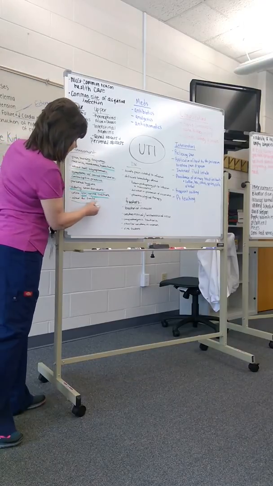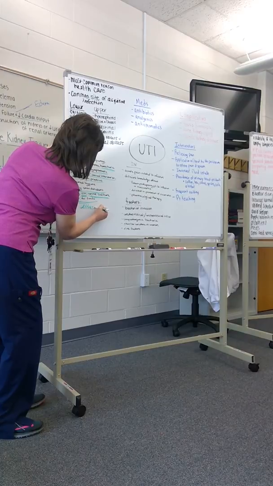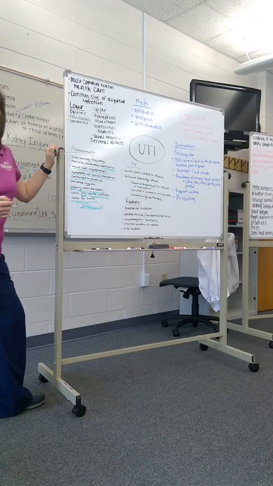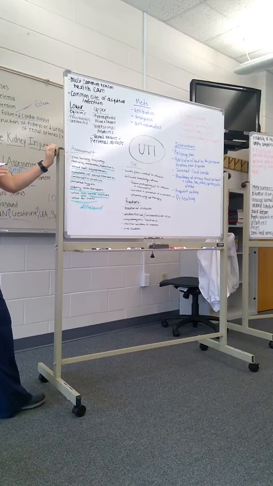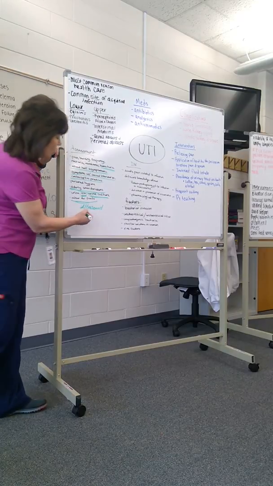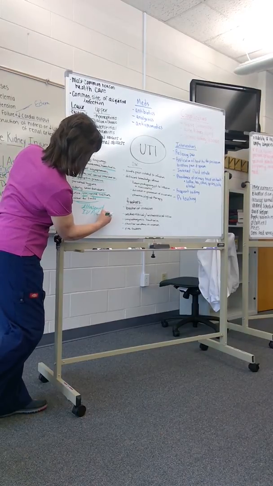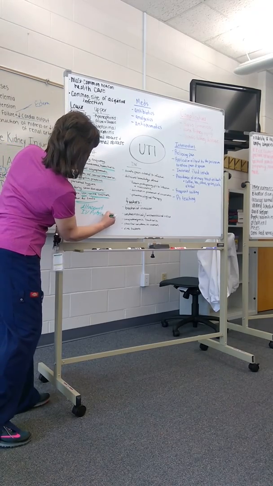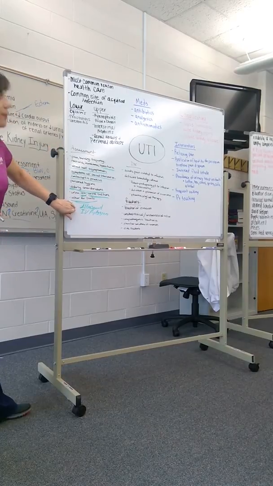Other diagnostic tests. We can do an ultrasound to see if there are any structural abnormalities, or anything going on in the bladder or in the urinary tract. We can also do an IV pyelogram.